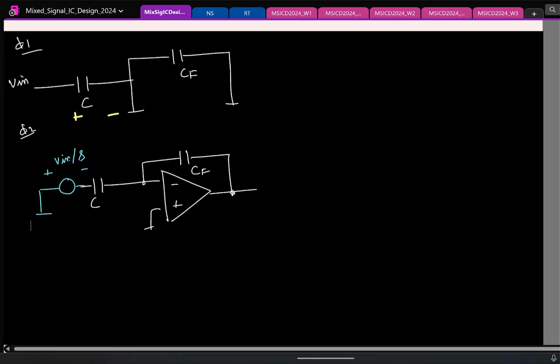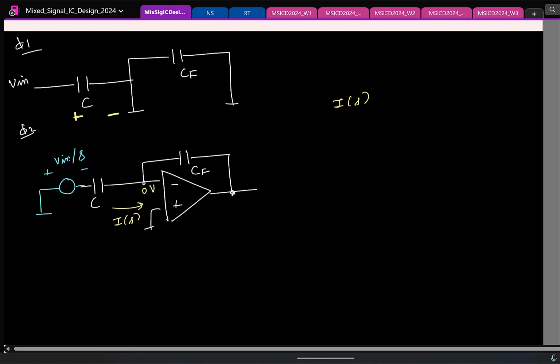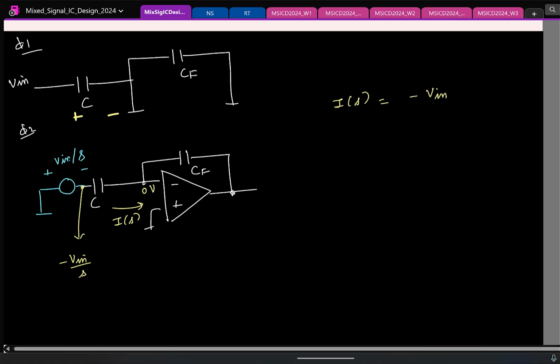Now can you tell me what is the current I of S? This is 0. What is this voltage? Minus Vin by S. So what is the current? Come on guys, it's simple Ohm's law.